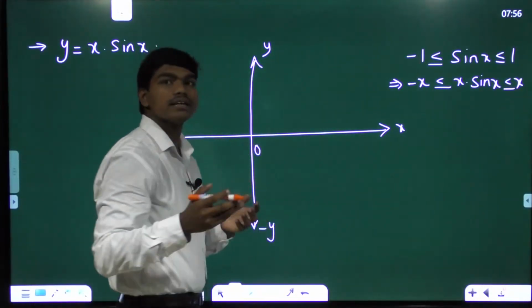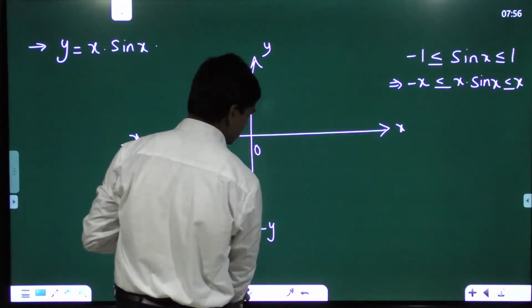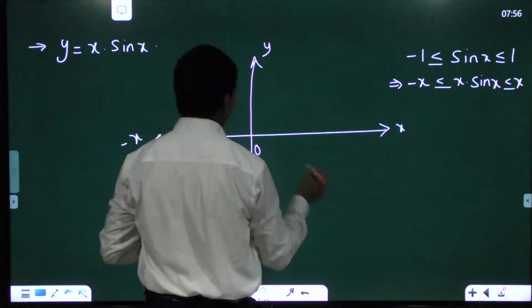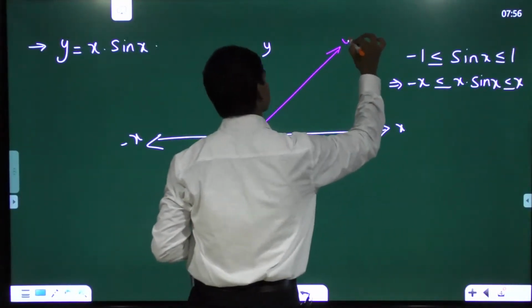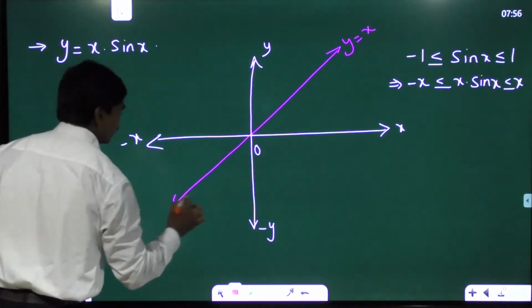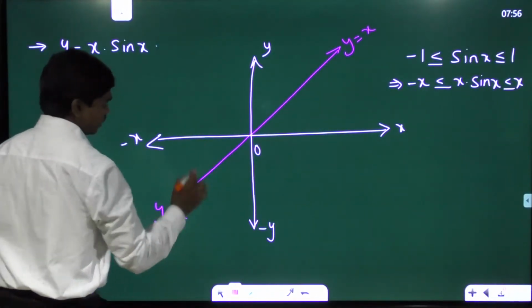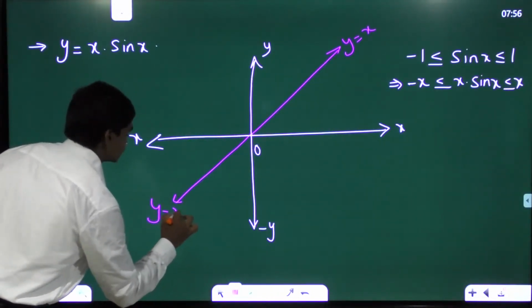And yesterday while drawing the graph of mod x, we have seen the line y is equal to x. Let me change the color so you could feel the difference. Y is equal to x looks something like this. And of course, let me extend it to the bottom as well.